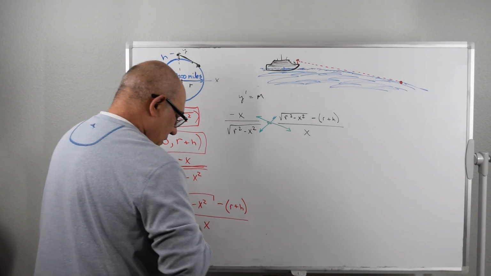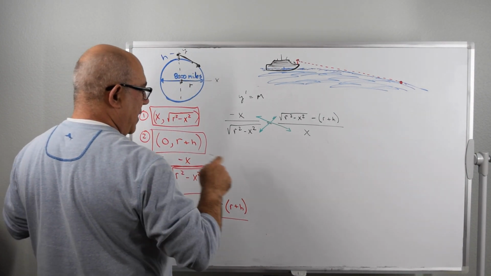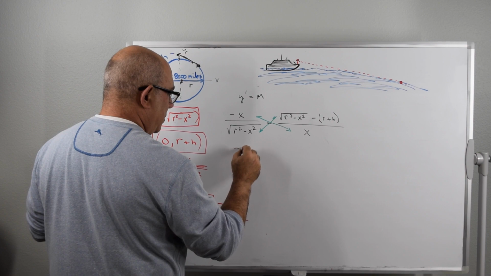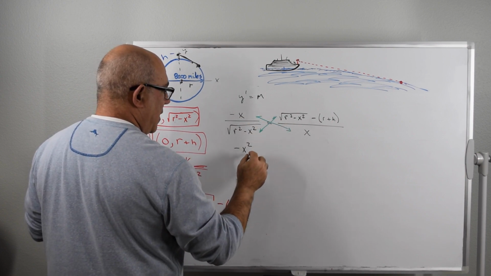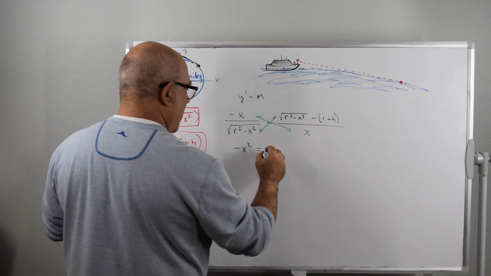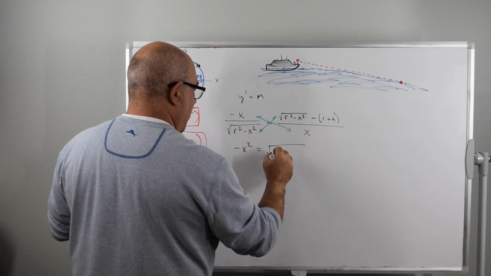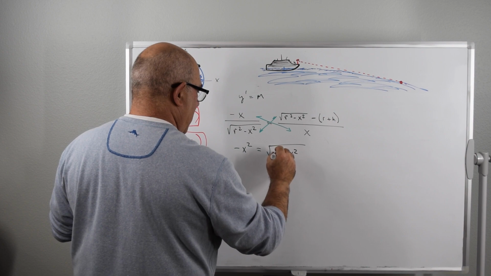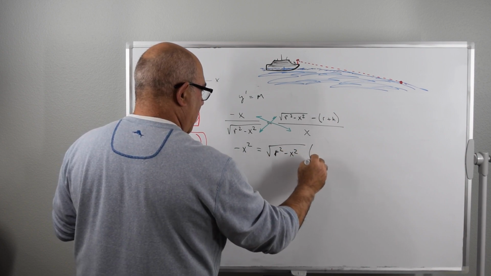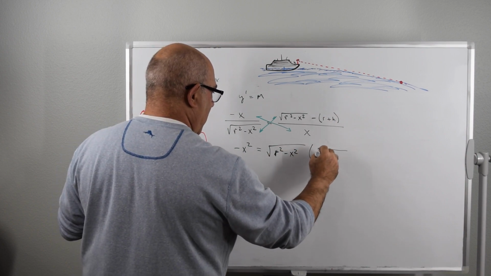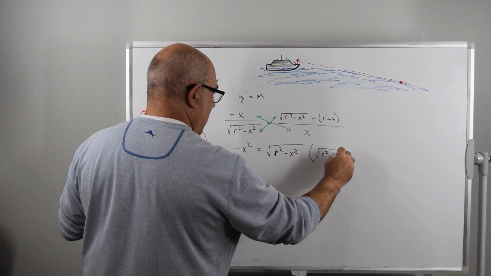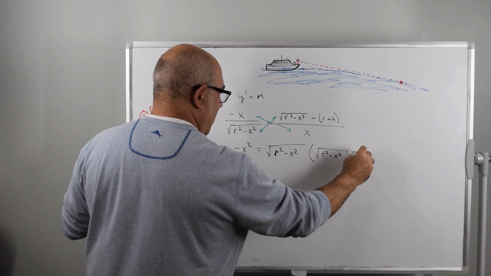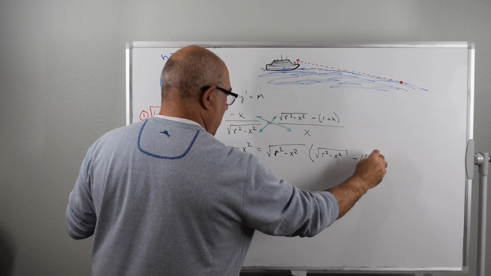Okay? So we're going to get minus x squared, that's this part, equals the square root of r squared minus x squared times the square root of r squared minus x squared minus the quantity r plus h.